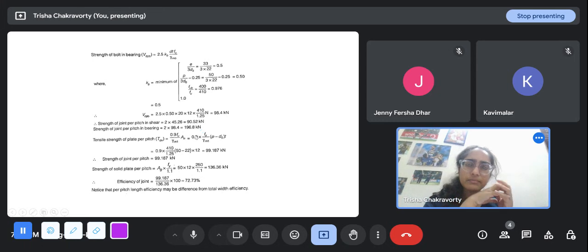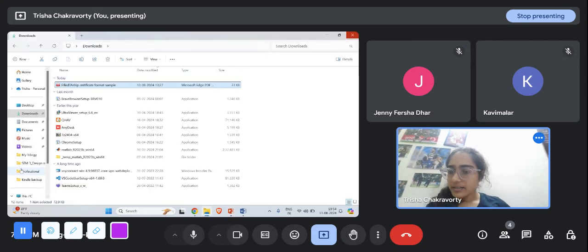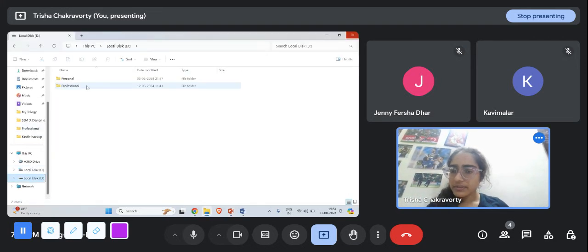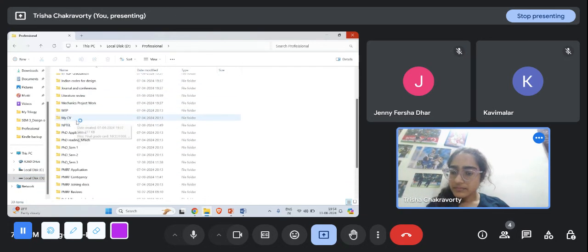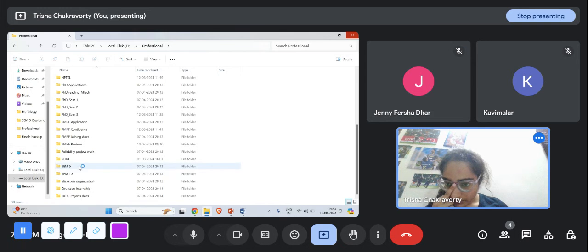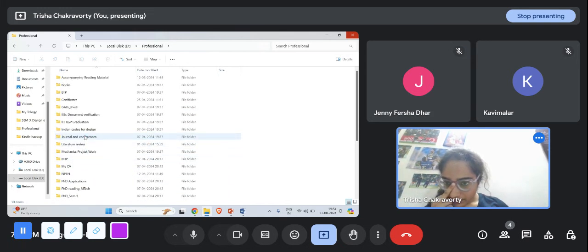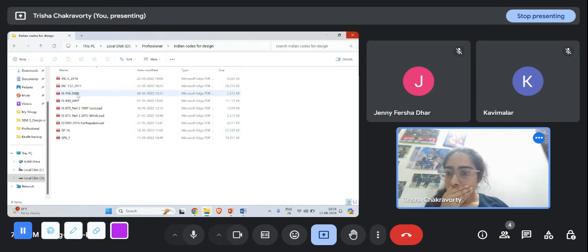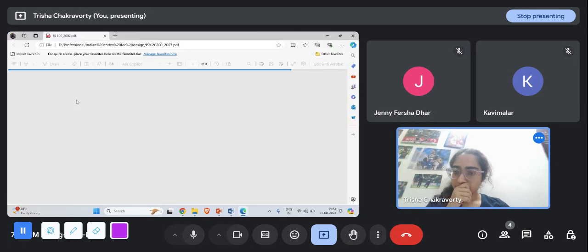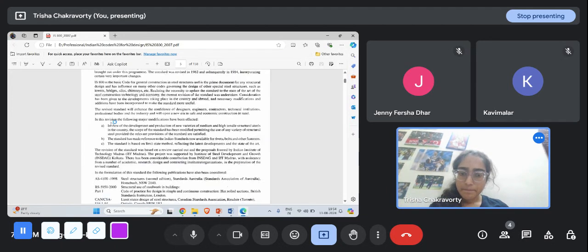These formulas, actually, I'll see if I have the IS 800 here. Okay, so this is how the IS 800 looks.